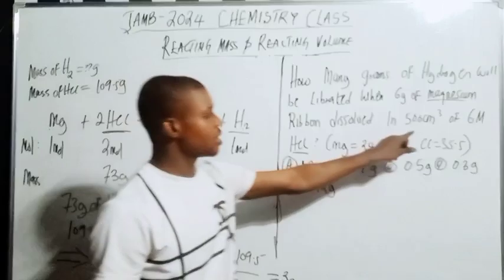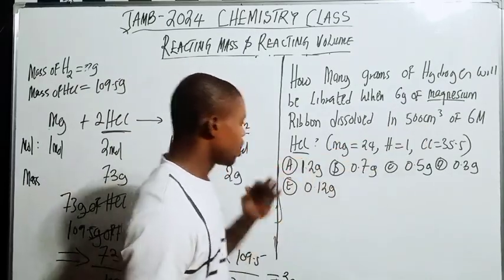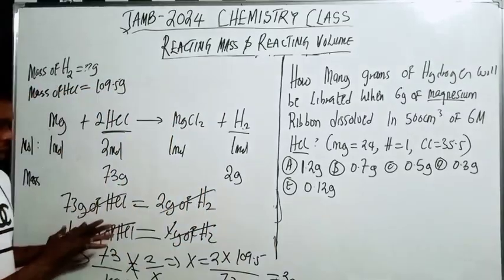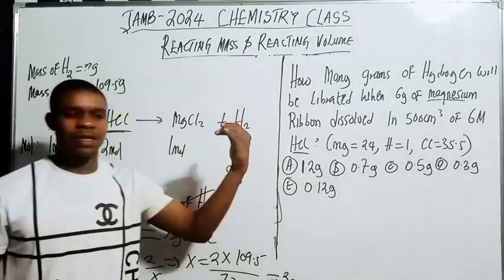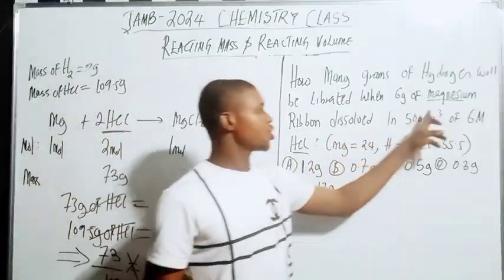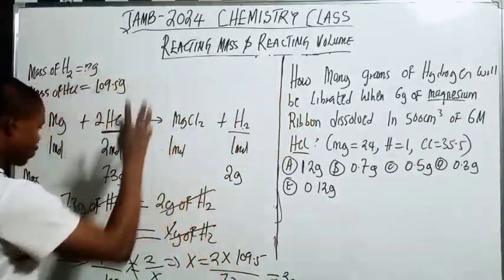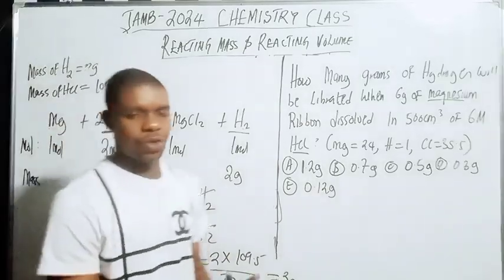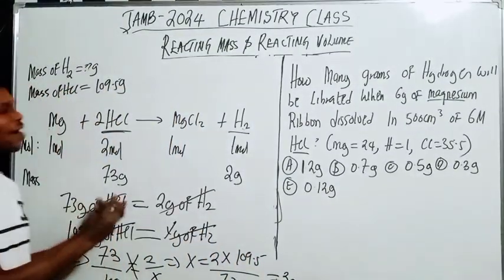Either here should be 5,000 or something here, but our calculation is okay. Do you understand? I don't have time to go back and figure out the problem. So you see we have a little issue with the question, but the calculation is okay. Do you understand?